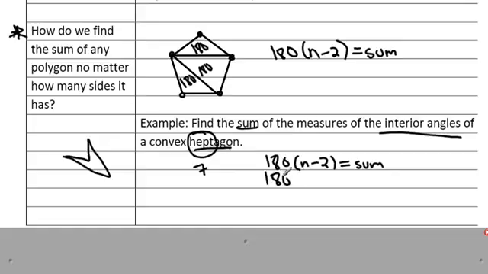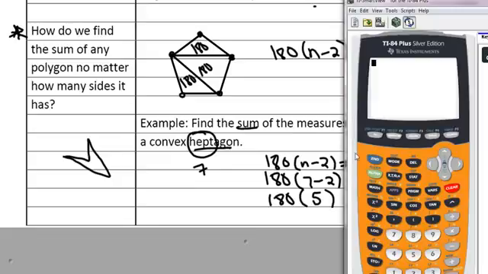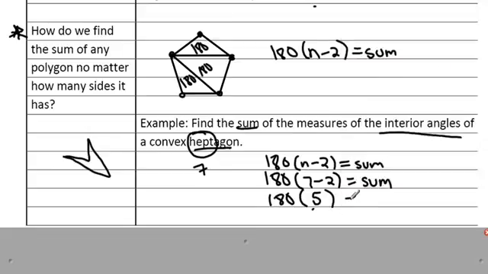So we're going to do 180 times 7 minus 2, so 180 times 7 minus 2 is 180 times 5, and 180 times 5 should give us 900. So a convex heptagon has 900 degrees total.